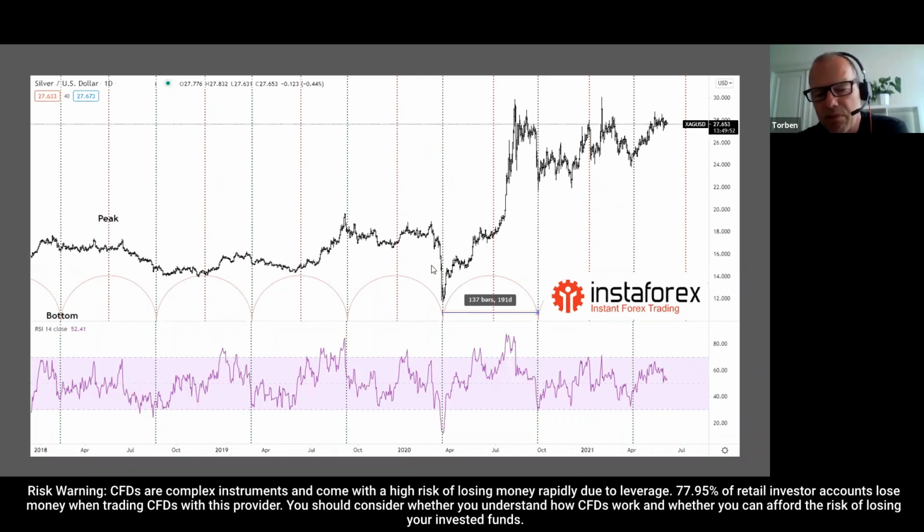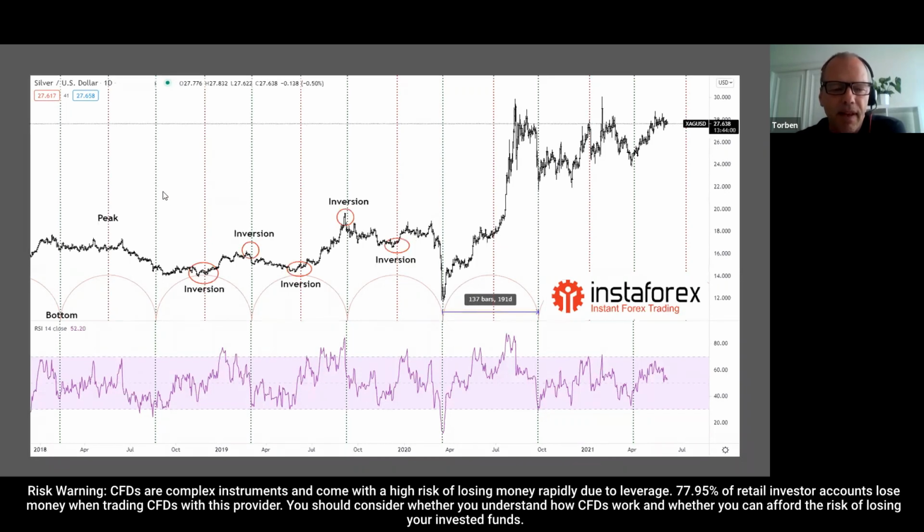This was a bit extreme because of the corona, but as you see here, this should be an indication of continuation of the uptrend that has started here. So this is an indication that this market is just now going sideways and then should follow higher when this is complete.